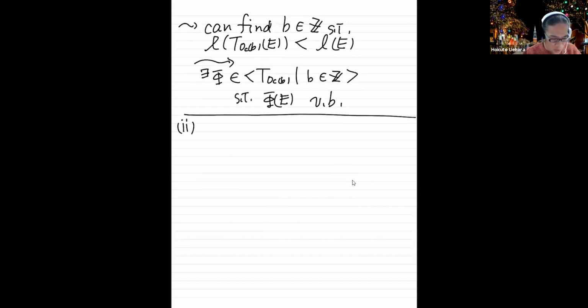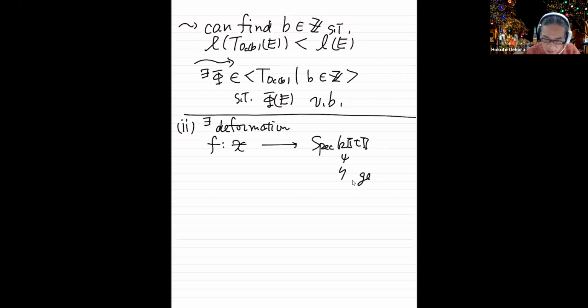We use a deformation argument, and there exists a deformation X to Spec Kt, with generic point, such that the fiber over 0 is isomorphic to sigma 2, and the geometric generic fiber is isomorphic to P1 cross P1.